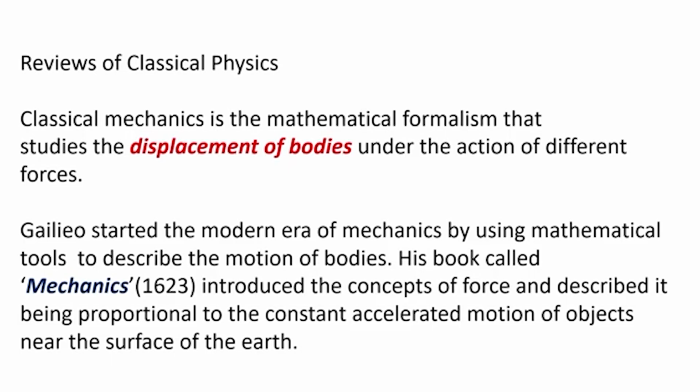And in his book called The Mechanics, published in 1623, that introduced the concepts of force and described it being proportional to the constant accelerated motion of objects near the surface of the earth. So, that is proportional to acceleration of bodies, which is denoted as the change in velocity with respect to time.